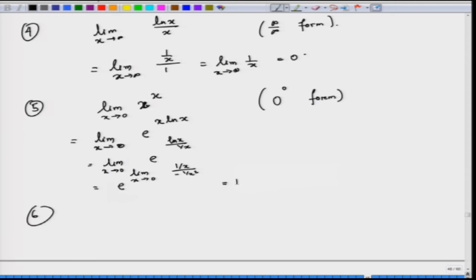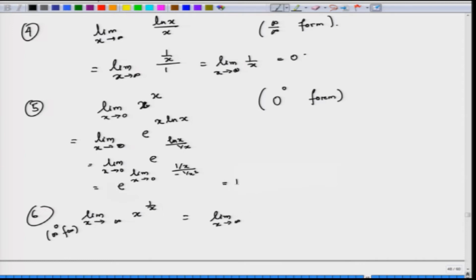Another example, let us take the limit as x goes to infinity of x to the power 1 over x. Again, this is infinity to the power 0 form.